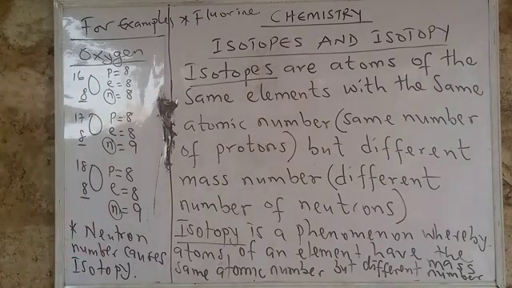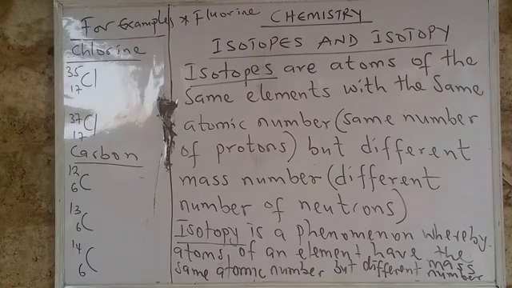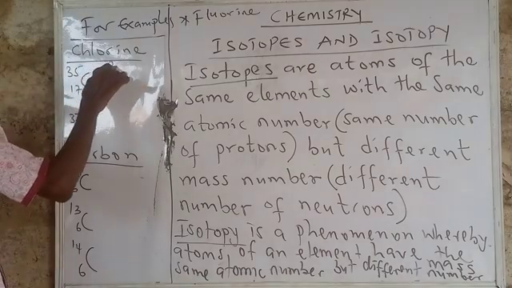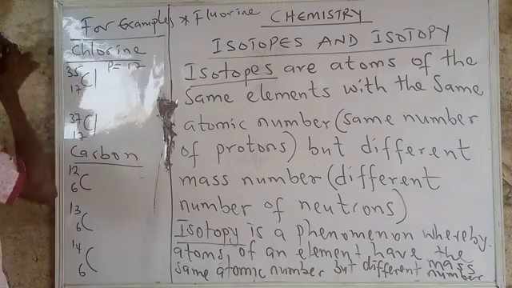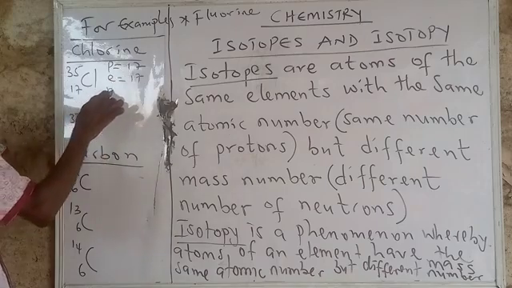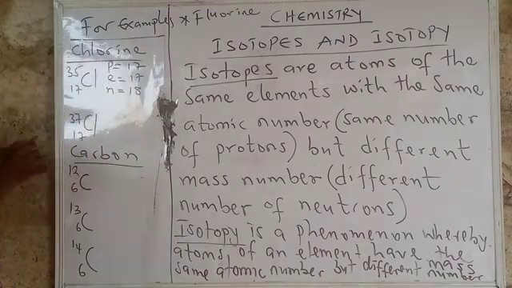Let's consider further examples. All right. On the board we have another example. We have chlorine 35 and chlorine 37. In chlorine 35, the number of protons is 17, the number of electrons is 17, and the number of neutrons is 18.